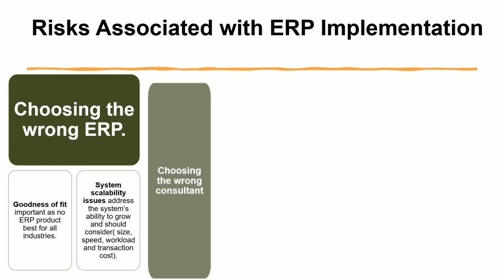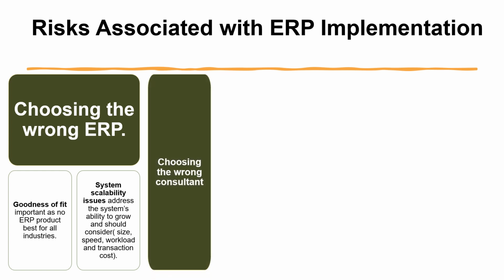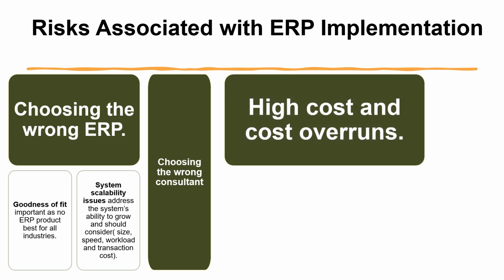And in order for you to select the right ARB system, you should also consider having the right consultation. So one of the risks of ARB implementation is choosing the wrong consultation from the wrong parties. And then we also talk about high cost and cost overruns.